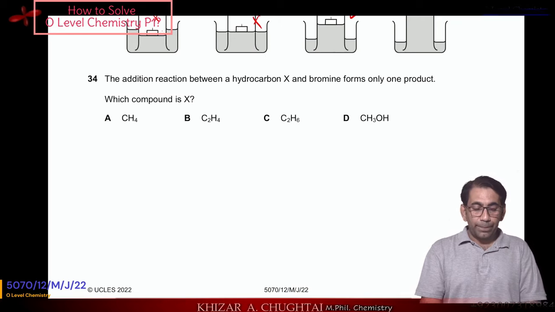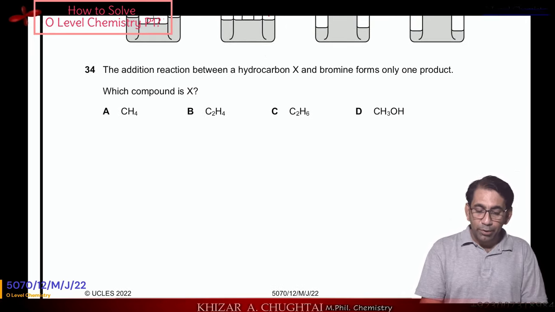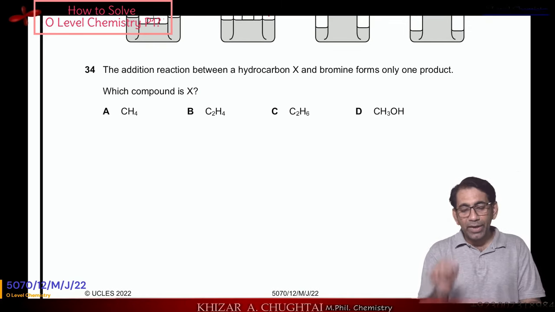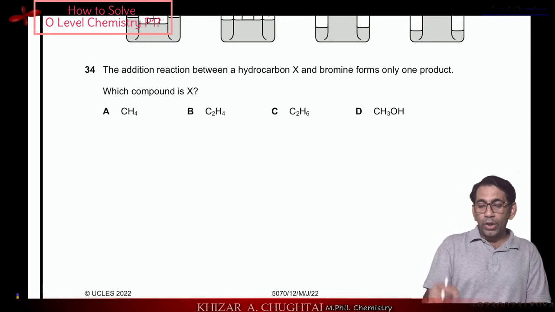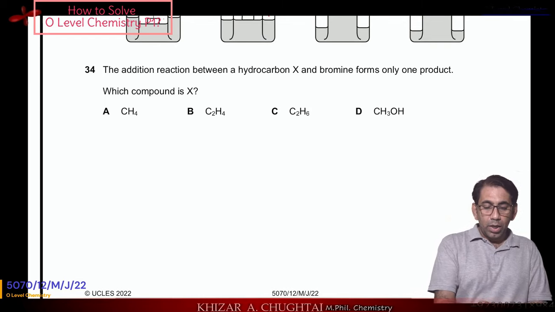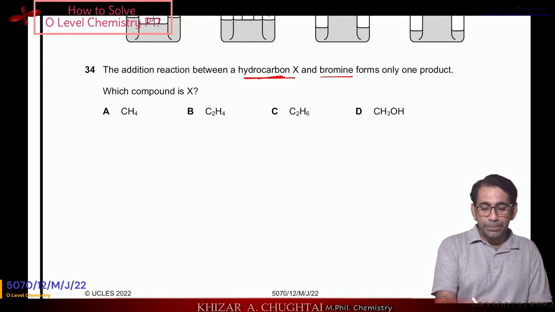Question number 34. Addition reaction between hydrocarbon X and bromine forms only one product. Which compound is X? Hydrocarbon and bromine form only one product. It means that this hydrocarbon must be unsaturated hydrocarbon.